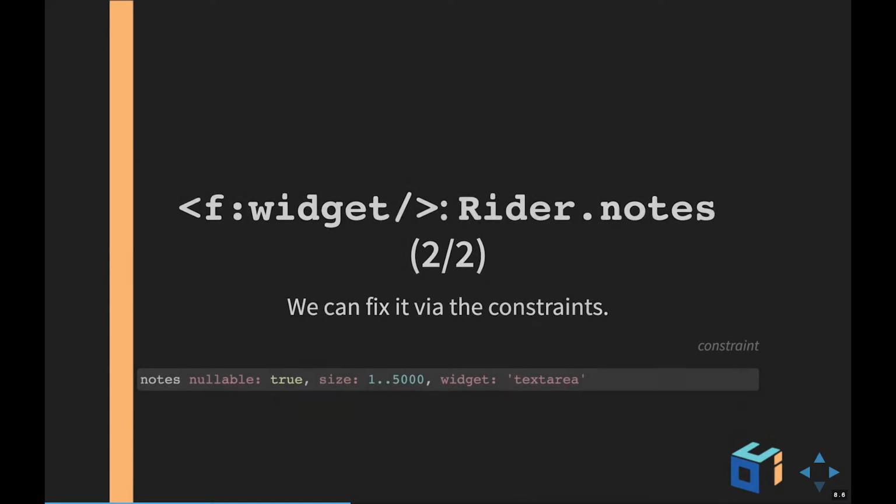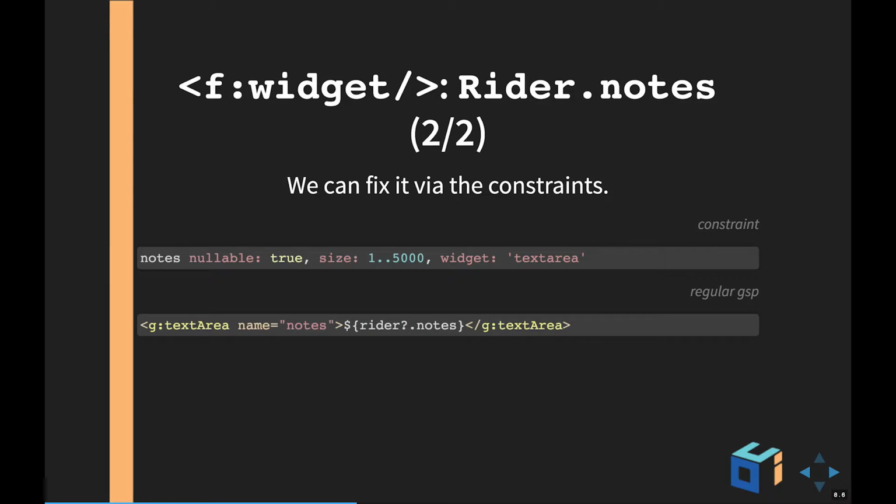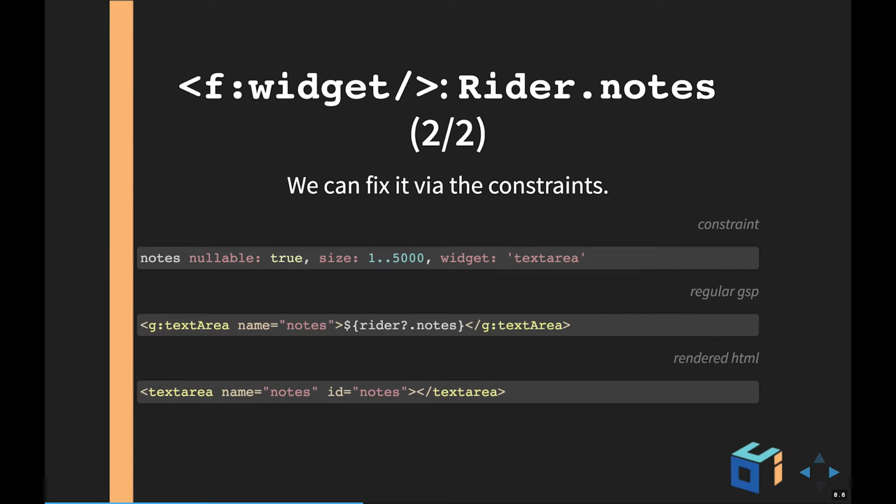It's not going to look very nice if you have a long text. So it can be solved, and we can solve it simply by adding, in the constraints, something called the widget constraint and telling it what widget to render. And that will actually solve our problem with getting the right output. So now we get a text area, and we get a text area in the HTML.